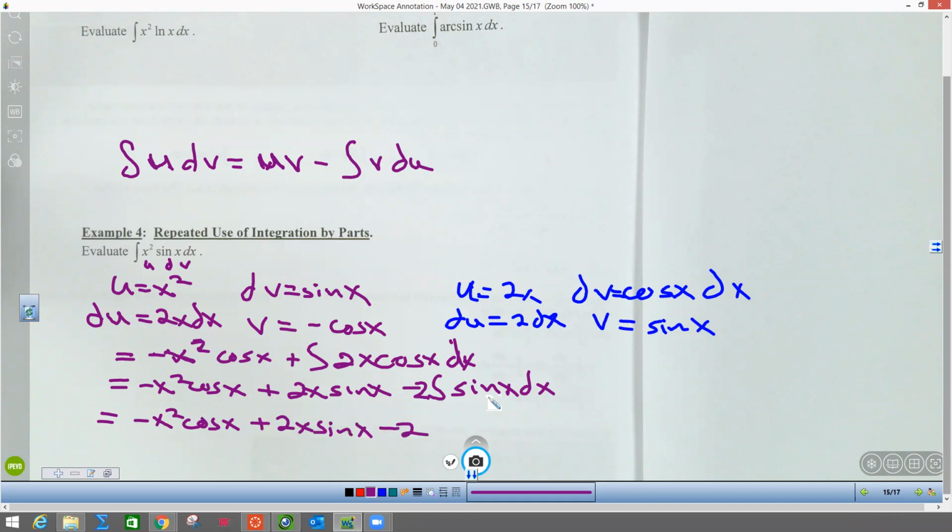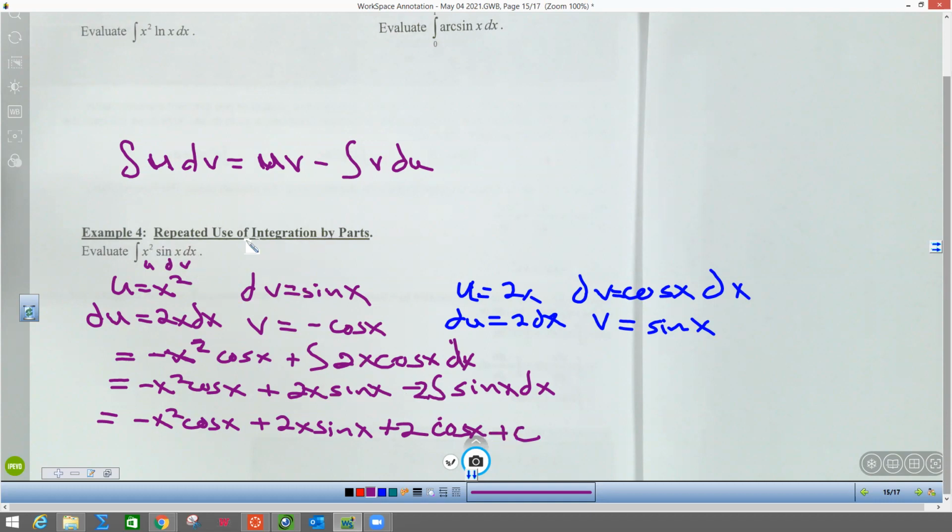And then minus 2 times the integral of sine, which is going to be negative cosine. So instead of doing the negative with the cosine, I'm going to stick it out there with that negative and make that plus. And then we get a plus C, and then this right here, that whole long answer right there, is going to be our integral of this problem.